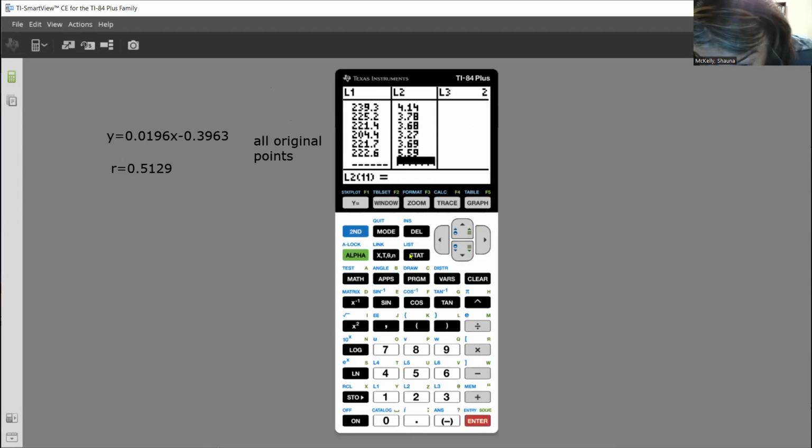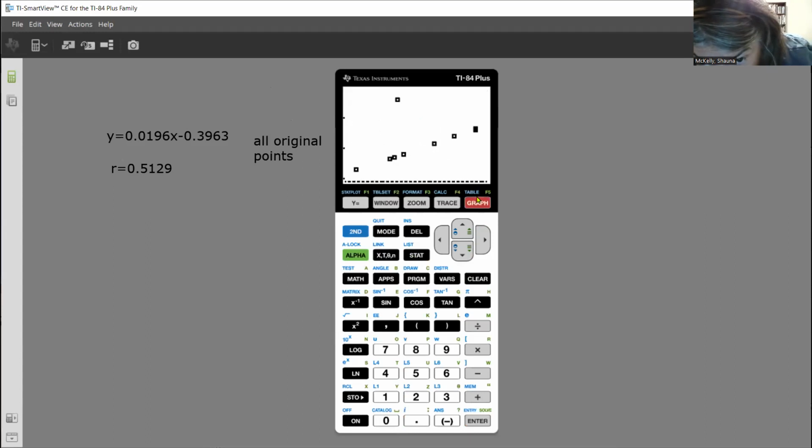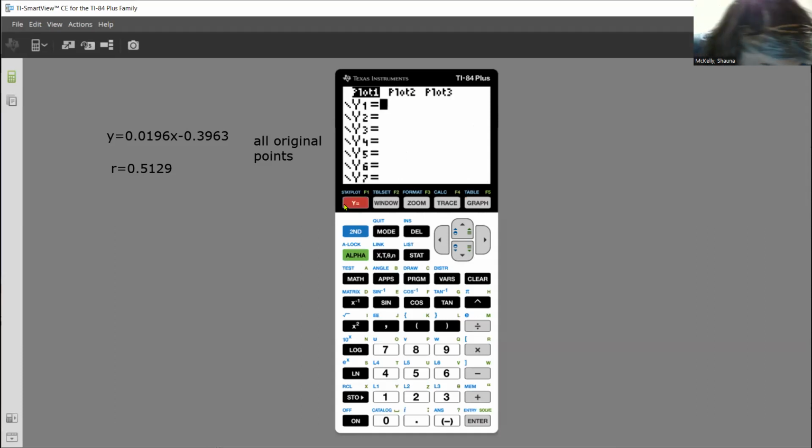There's my data, okay? And again, there's my graph, right? There's my outlier, and here's my line of best fit. It was 0.0196x minus 1.9951.